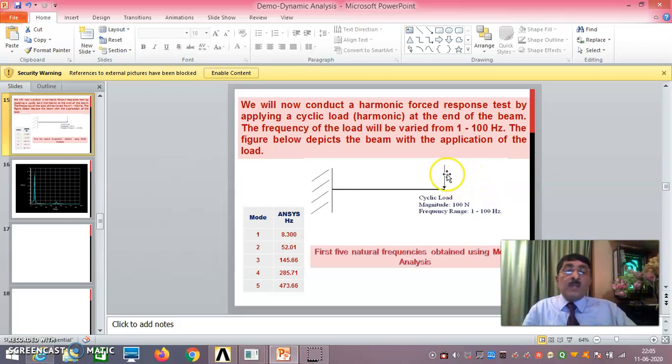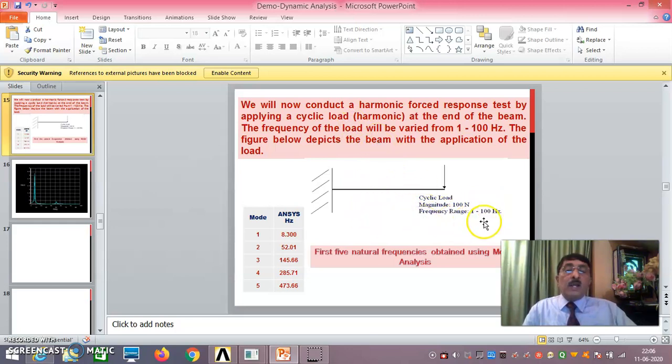In that way we continuously operate this. That means the cyclic load of 100 newtons will be applied 1 time in 1 second, that is 1 hertz; 2 times in 1 second, 2 hertz; 3 times in 1 second, 3 hertz. In that way, up to 100 hertz we will apply, and we will draw a graph of amplitude versus frequency.